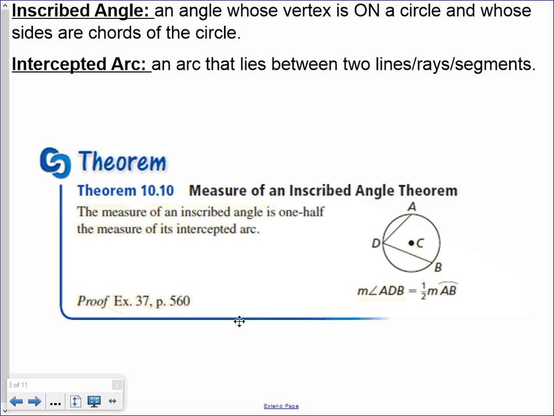So that would have led us into our first theorem here. Okay, an inscribed angle, first of all, vocabulary-wise, is an angle whose vertex is on the circle. So it's no longer in the center. It is on the circle. And then it says whose sides are chords of the circle.